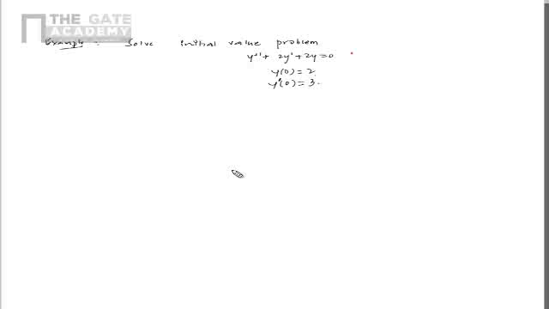So basically this is an initial value problem where the values of y and y dash at x equal to 0 are given. Remember that this is minus 3, sorry, it's not 3, it's minus 3.